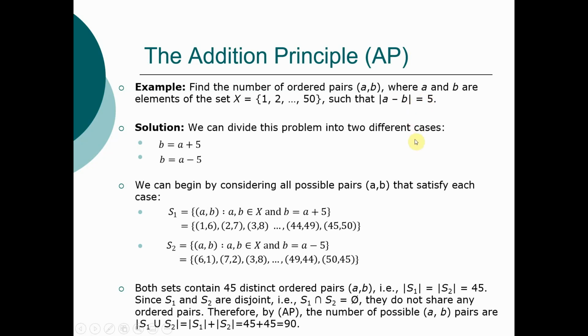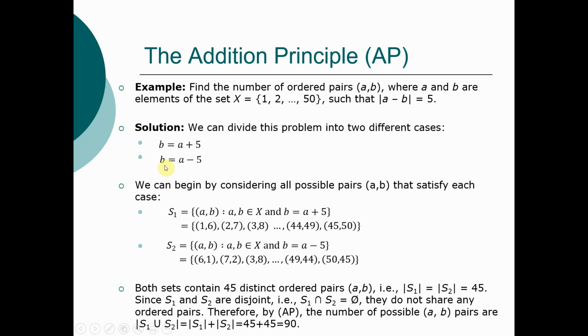Right, so these 2 conditions are disjoint, because they cannot happen together. Either A minus B is equal to 5 or it is equal to minus 5. If it is equal to 5, then we have this relationship between B and A. If it's equal to negative 5, then we have this relationship between A and B, or the other way around.